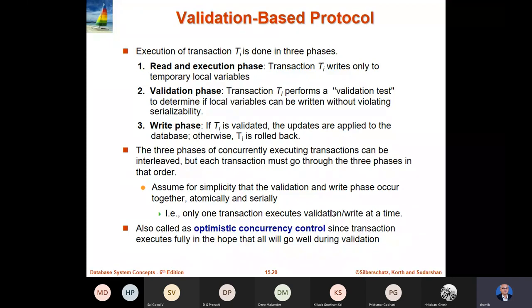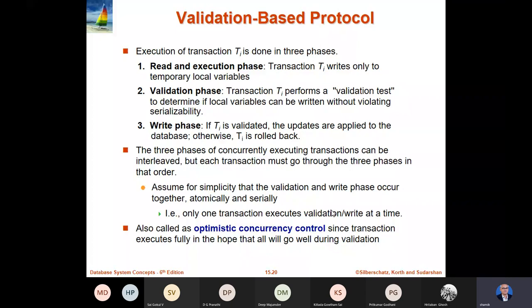But if you consider timestamp based protocol and also the locking based protocol, even if eventually these are all affecting different data items, still what will happen is that they will have this overhead of using locks, which means some resources, or using timestamp based protocol.